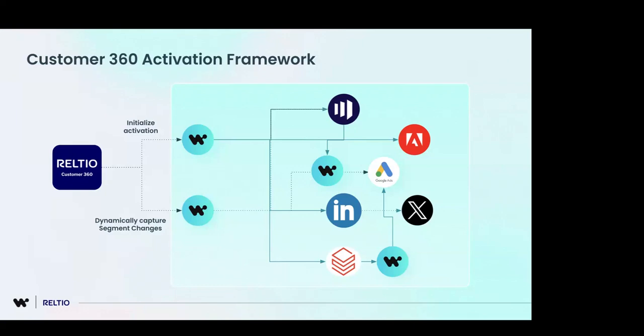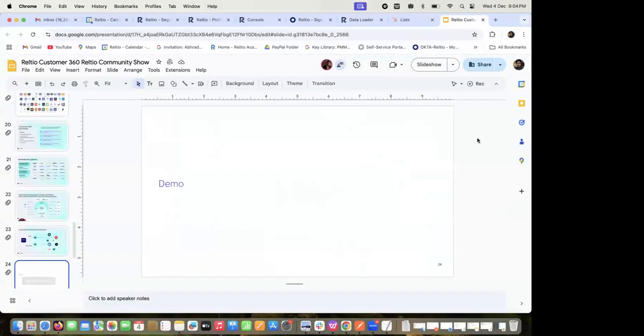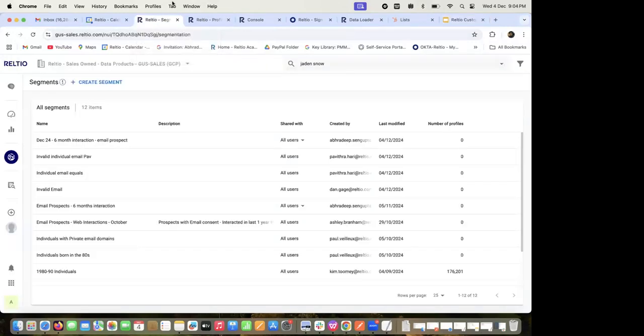And if you ever need to change one of these lines you're seeing on the screen, that change can be done quickly and efficiently. So I'm going to have Abradeep go ahead and share his screen again, and we're going to walk through what the user experience for activation looks like, take a quick look at a Reltio Integration Hub recipe, and then we will pop back out for a little bit of a Q&A.